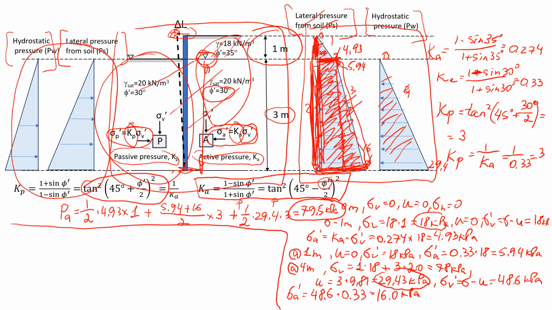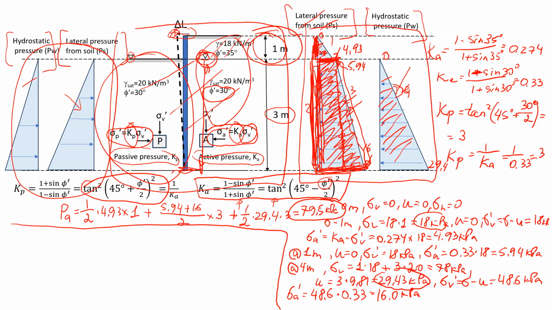You will notice that the pore pressure on the left-hand side will be equal to the pore pressure on the right-hand side because the groundwater level is the same. But the effective vertical stress on the left-hand side will be different from the one on the right-hand side because on the right-hand side we have an extra 1 meter of top layer.